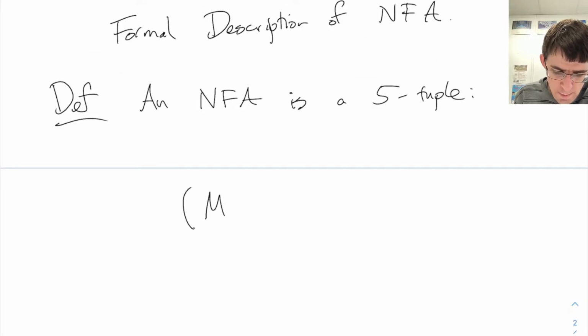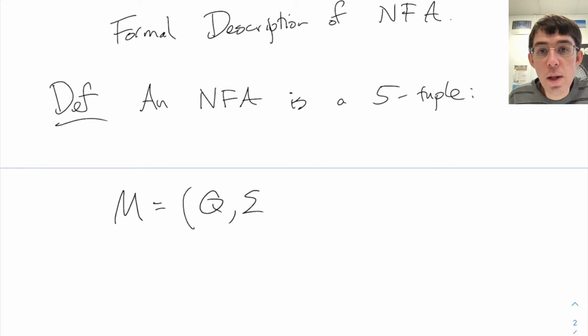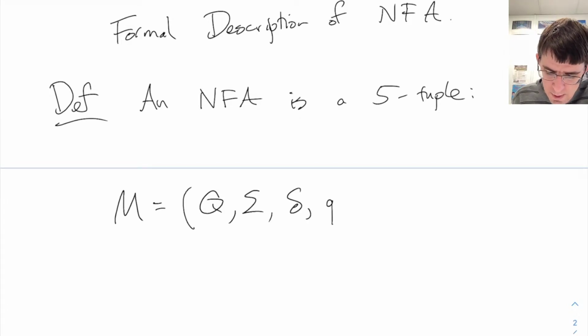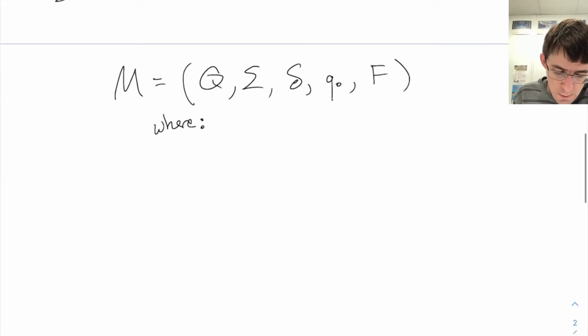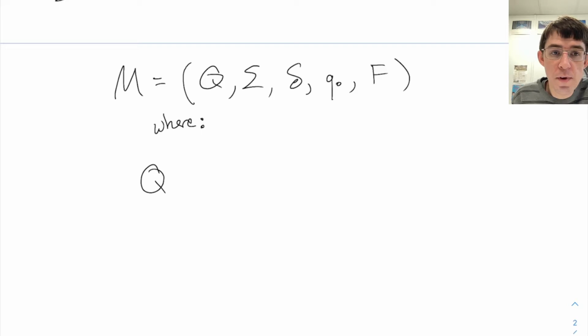And I'll call it M as usual. M is, so we're still going to write this more or less the same way as much as possible. Q, sigma, delta, Q0, and F, where, and I just have to tell you what each of these things is, and I'll also tell you what it represents when we think of it. Q is a finite set of states.